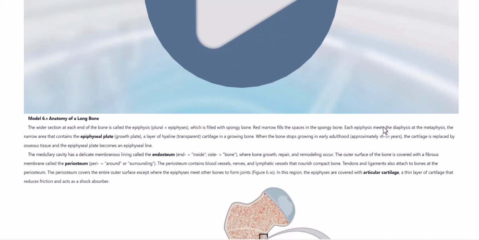So early on, as we talk about bone development in a moment, bones grow from their two ends, from a cartilaginous plate referred to as the epiphyseal plate. The bone is going to continue to grow longer from that cartilaginous growth plate. But when the bone reaches its adult length, then that epiphyseal plate, that growth plate, will close and become the epiphyseal line.